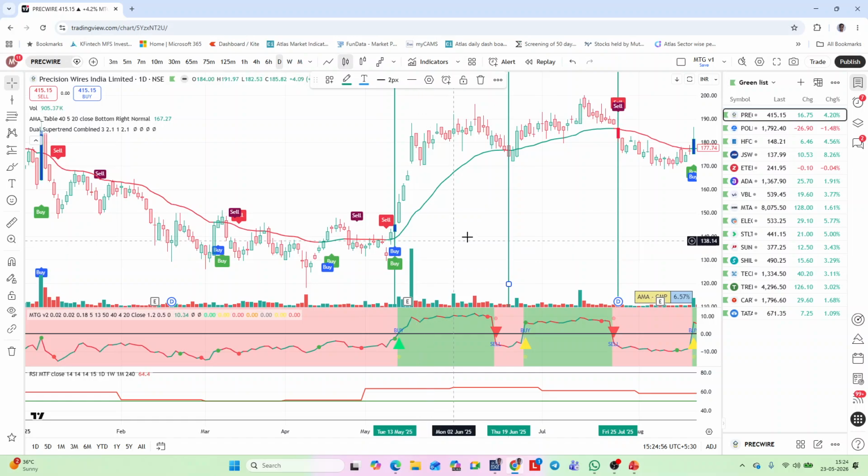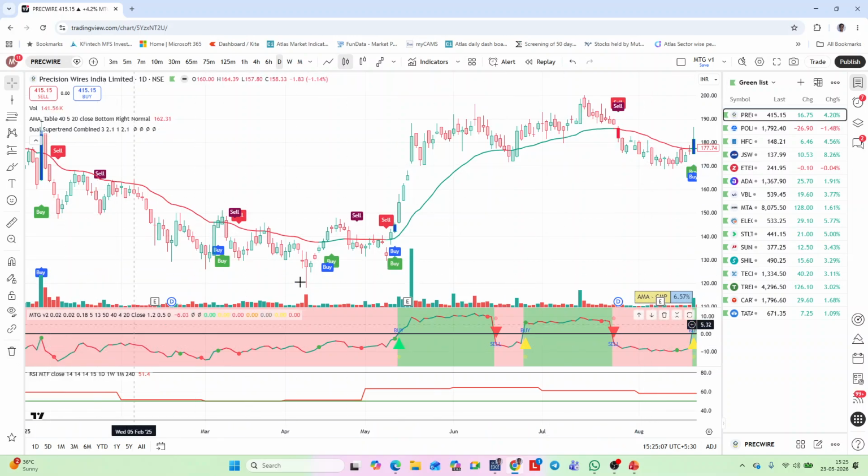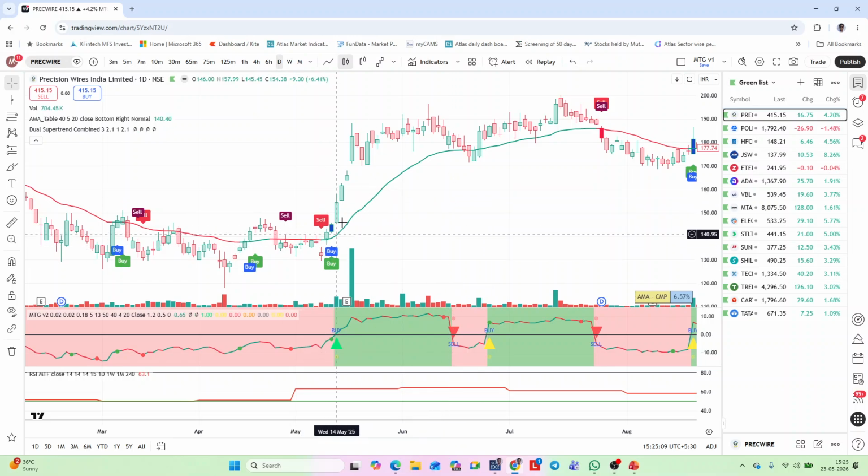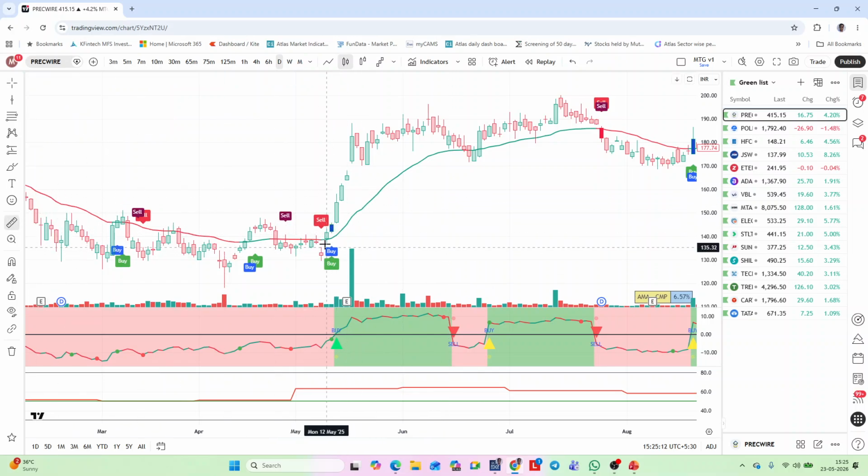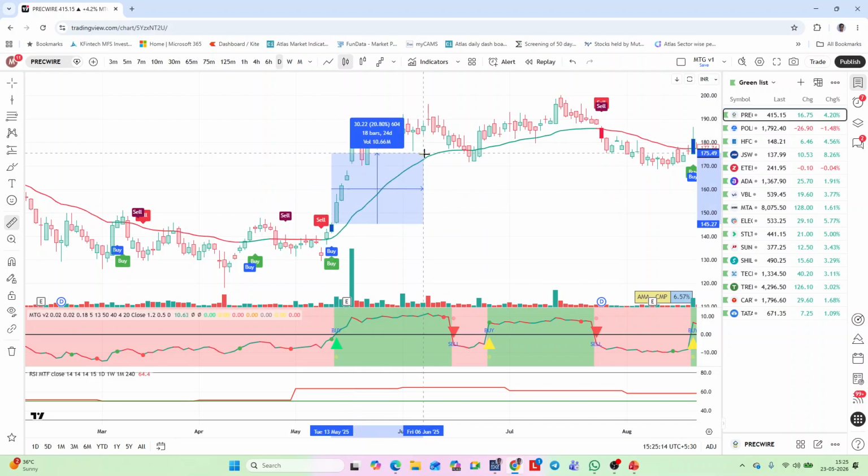You will not be in the position if the candle closes below the AMA line, irrespective of whether Super Trend has given me a buy or sell signal or not. Yeah, so very clear guys, make a note of that. So you enter here and then you exit here. So you are exiting at almost 20% gains.